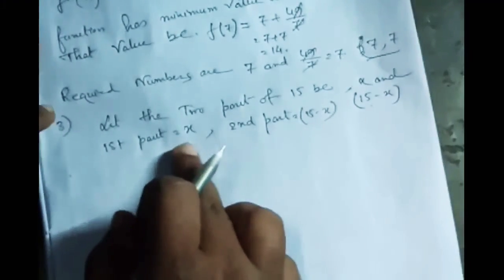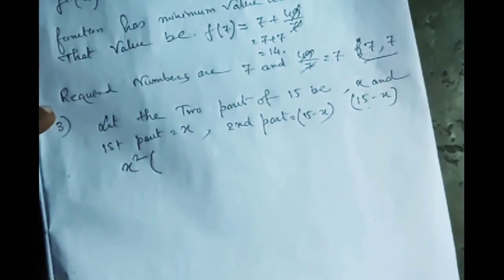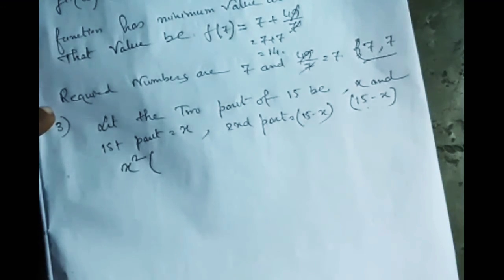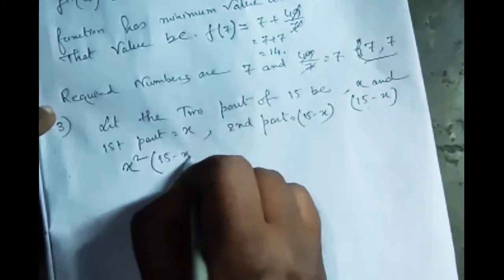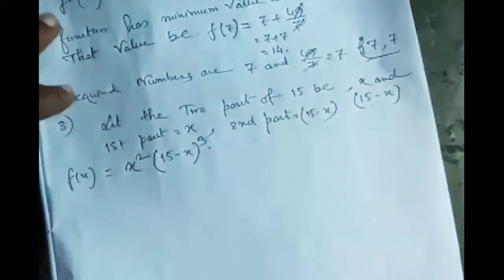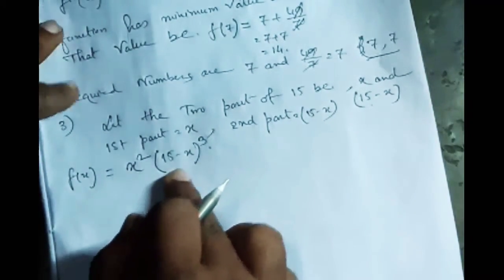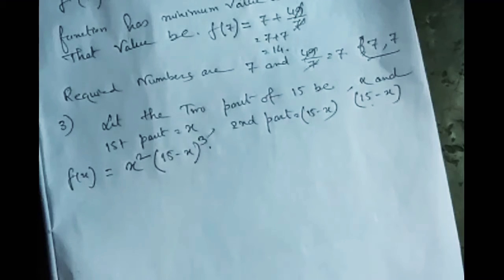So the square of the first part will be multiplied to the cube of the other number. So we will take this function as f(x). So f(x) is equal to x square into 15 minus x whole cube.